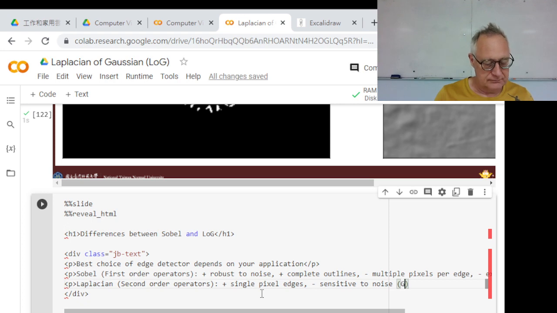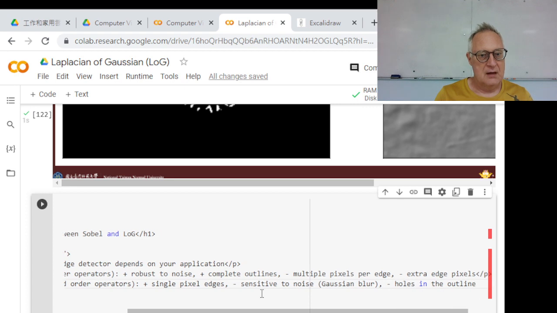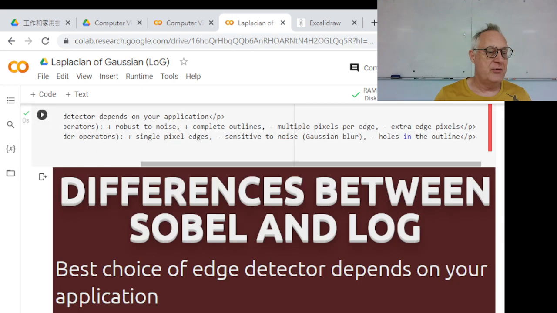So we usually must apply a Gaussian blur first. And they often have holes in the outline. Like if you look here, there's pixels missing. So in a sense, the two algorithms have opposite strengths and weaknesses.